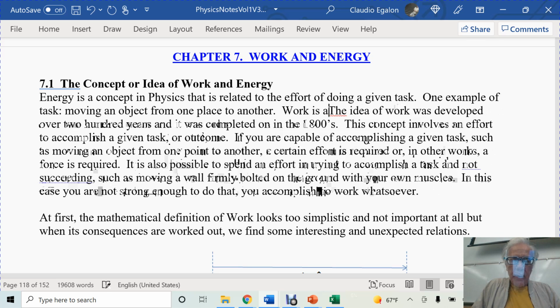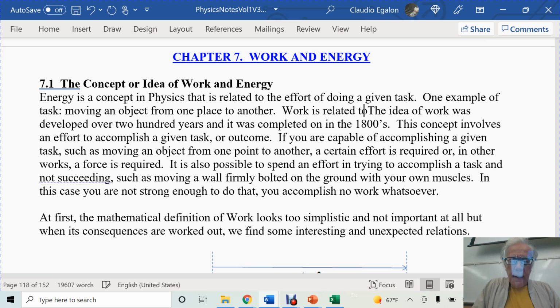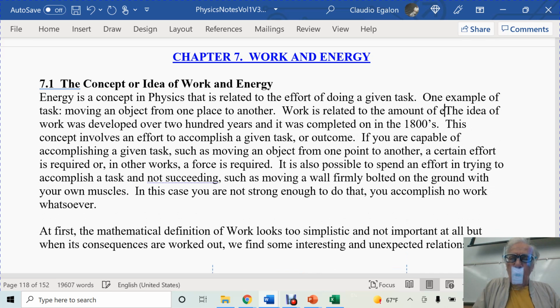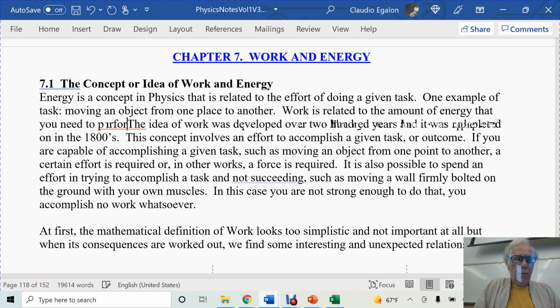Let's see, work is related to the amount of energy that you need to perform. Yeah, it's the amount of energy that you need to perform.